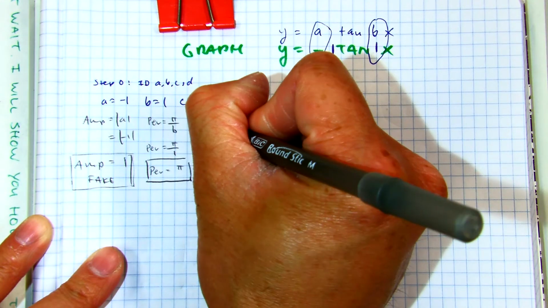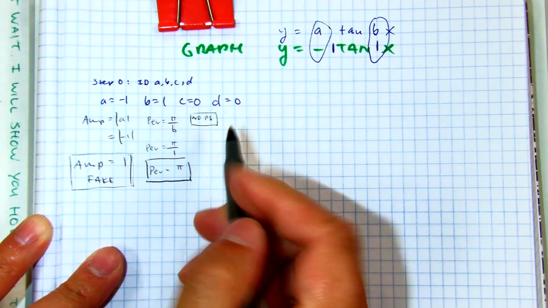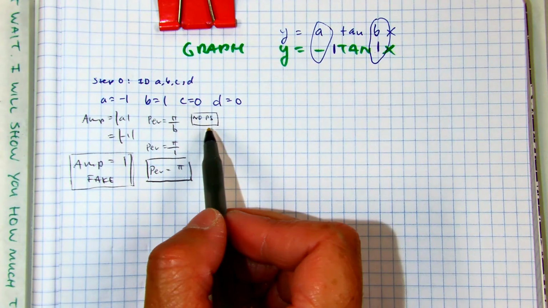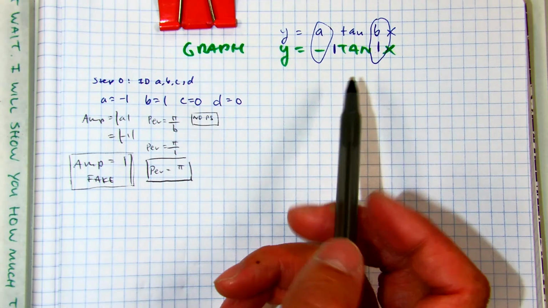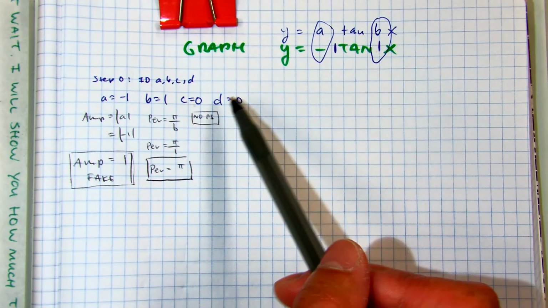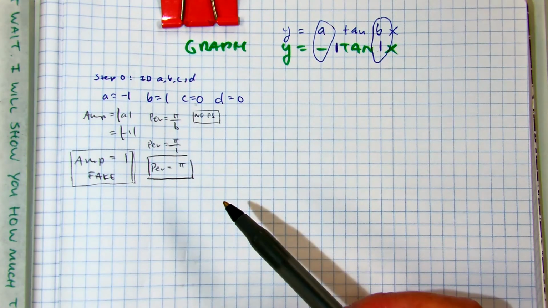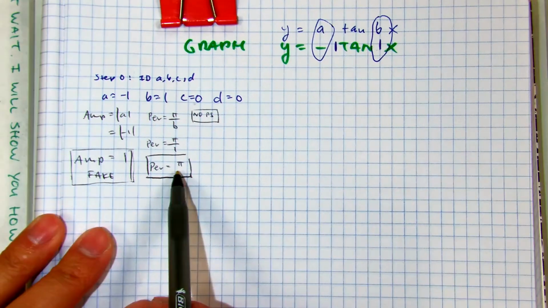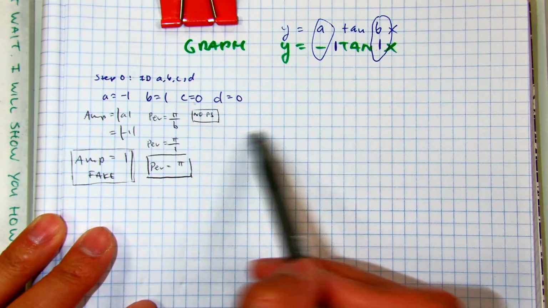No phase shift. Okay, students didn't know when to put between 0 and 2 pi. You put it between 0 and 2 pi when there's a C value or parentheses, correct? Now, it wouldn't be actually wrong if you said, well, there is no phase shift, so I don't have to do that. You could do that and you stick at the same answer. You would basically put x between 0 and pi, and that would tell you where you're starting at.